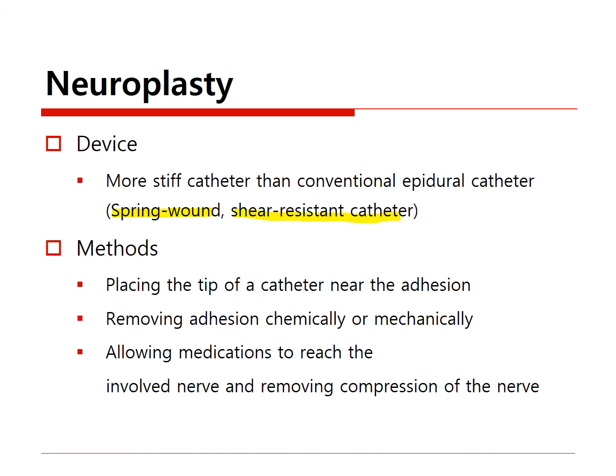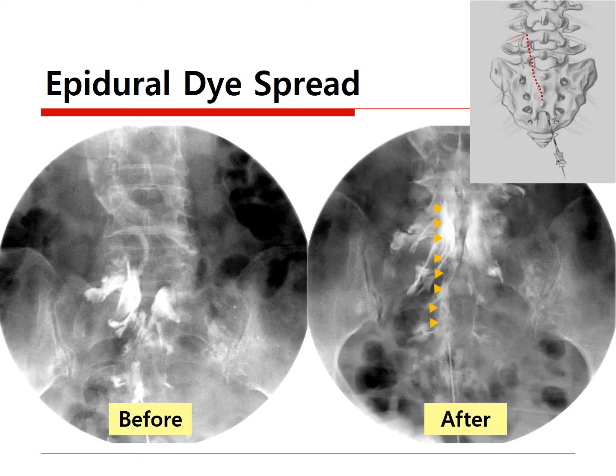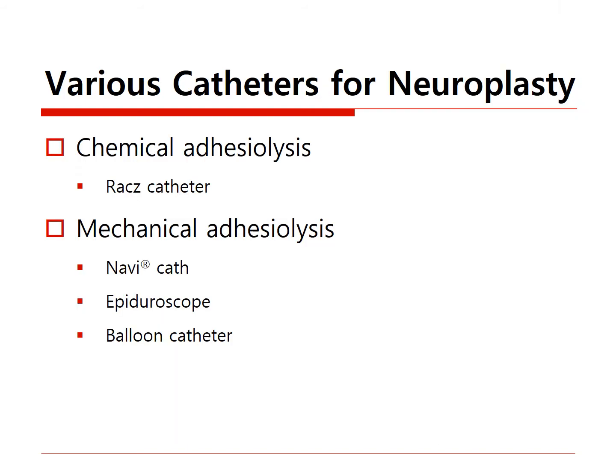For neuroplasty, a catheter is placed at the adhesion site and epidural adhesion is removed chemically or physically to promote the drug spread to the affected nerve. This picture shows the spread of the contrast media before and after neuroplasty. We can observe that more dye spread to the lesion site after neuroplasty than before.